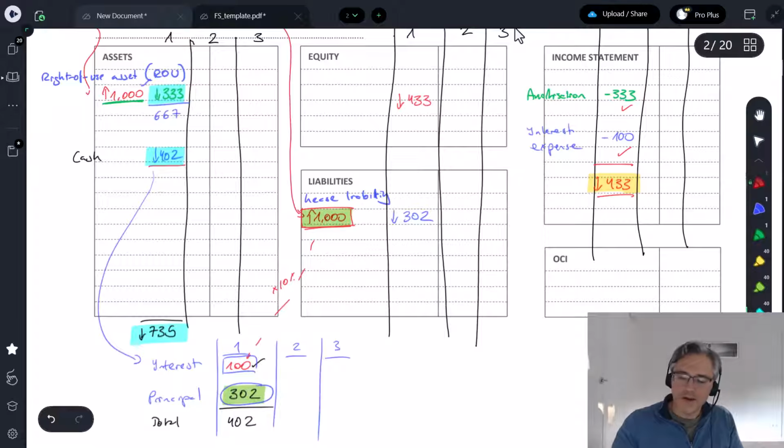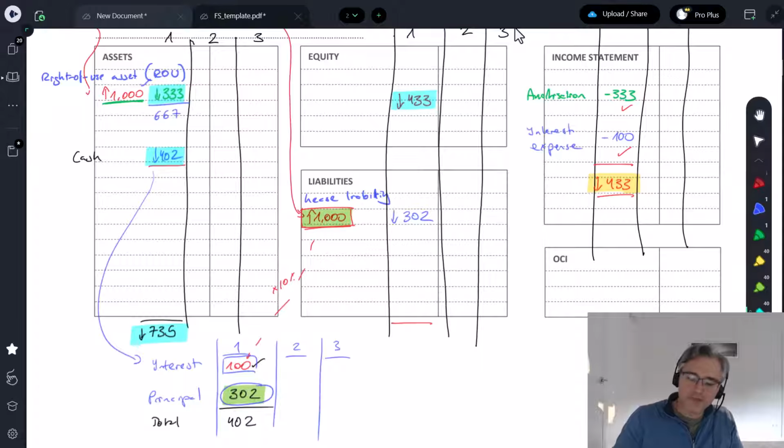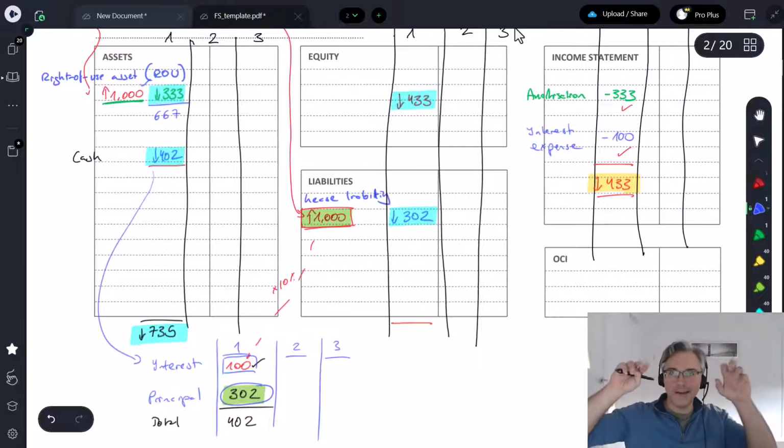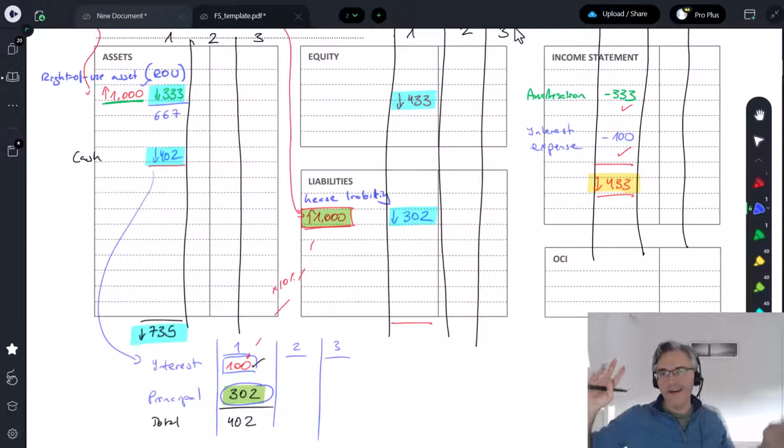Now let's have a look on the other side of the balance sheet, equity and liabilities. The stuff that went to P&L, 433 in total, impacted equity in a negative way. And we also said that 302 is the repayment of principal. Well, kind of in quotation marks, because we're not repaying a loan, we're paying on a lease, right?